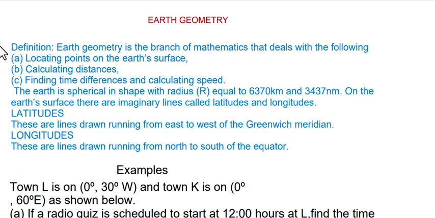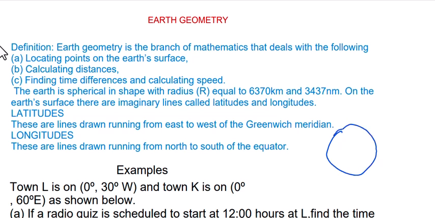Okay, so on the Earth surface, there are imaginary lines which are called latitudes and longitudes. So there is where we have such a diagram like this one.